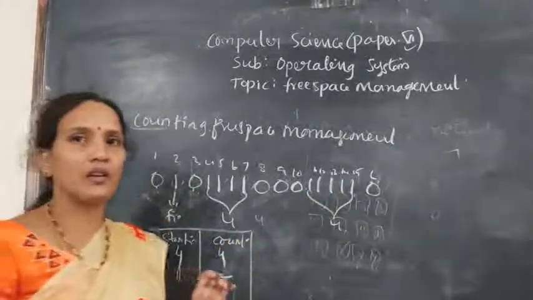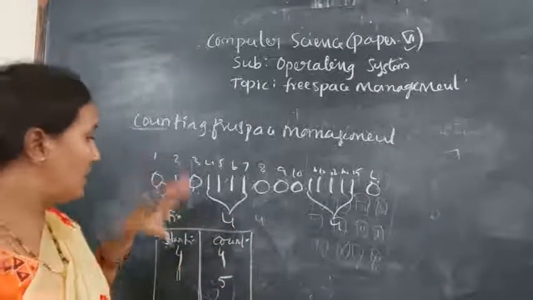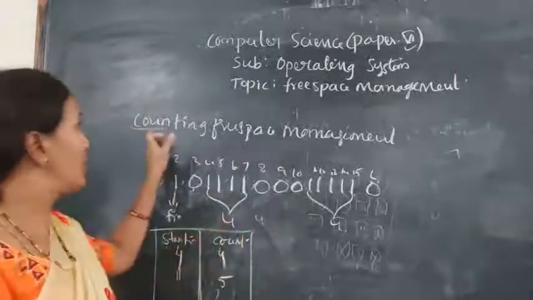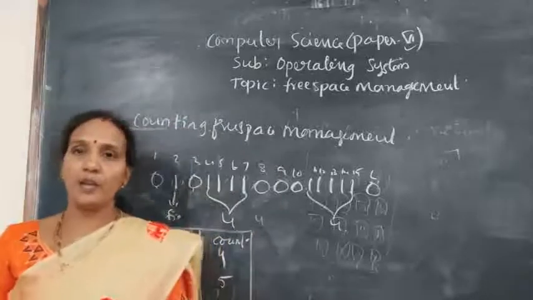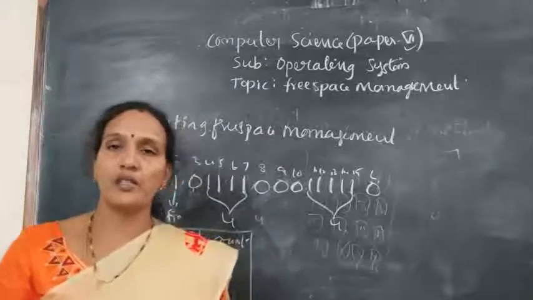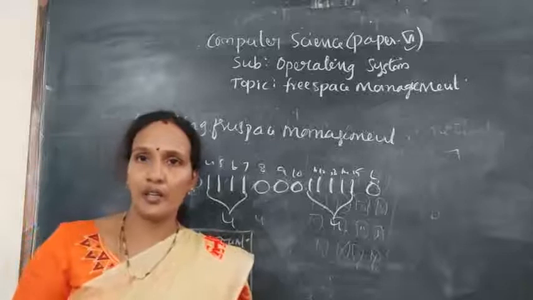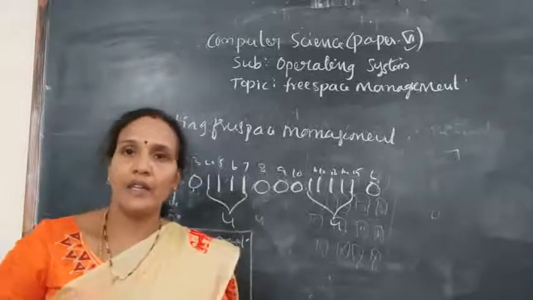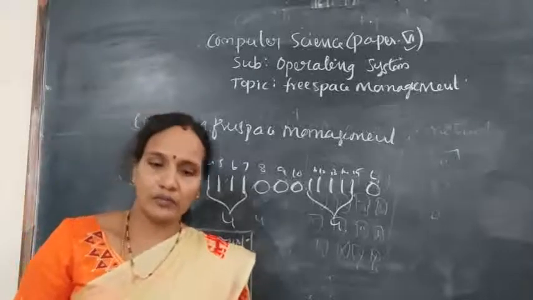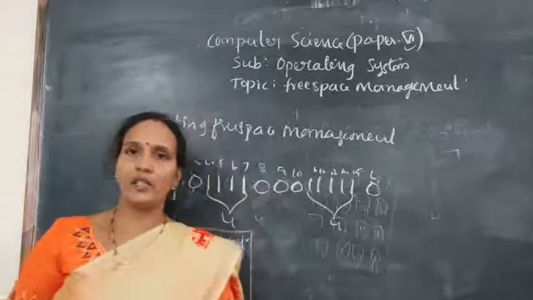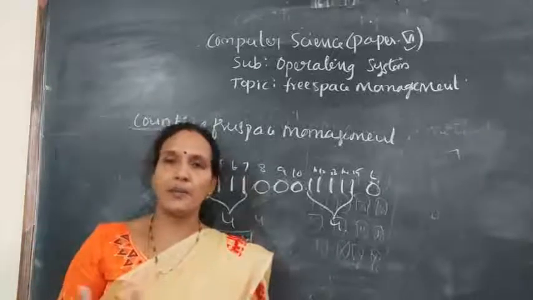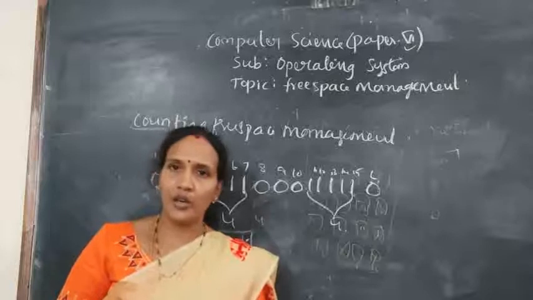This type of method of collecting free space information is called counting free space management. We use it when the operating system is searching for contiguous memory blocks to give memory to a file. Actually, it's a default method. Whenever any file requests memory, the operating system will, as far as possible, search for contiguous free blocks only.